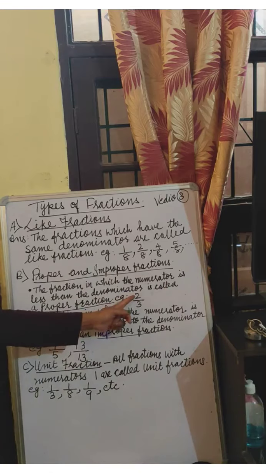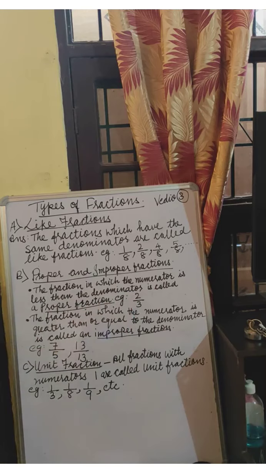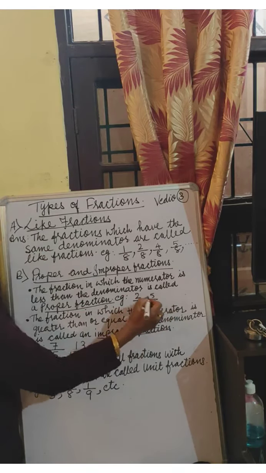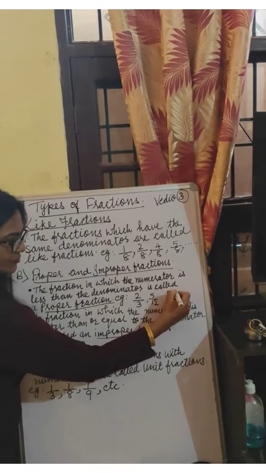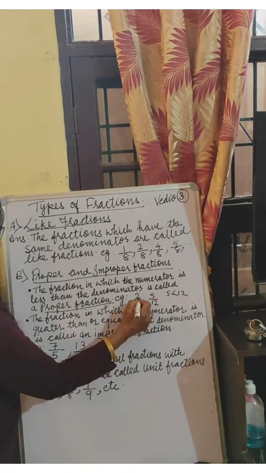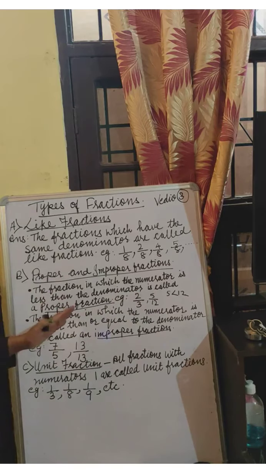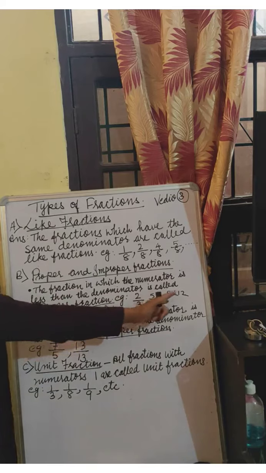Here the numerator is smaller than the denominator. Or 5 upon 12, the numerator 5 is less than 12. Here 2 is less than 3. So the numerator should be less than the denominator. Such fractions are called proper fractions.